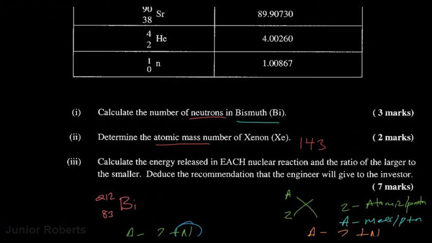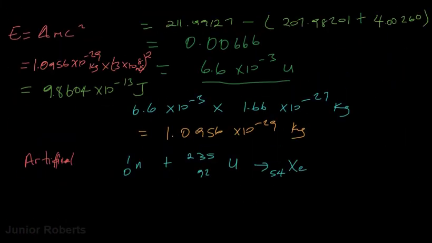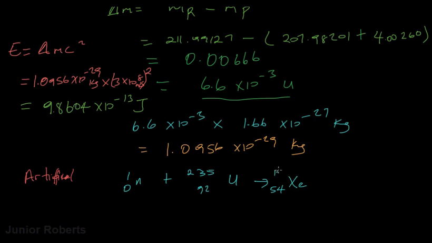Let's just double check, so 143, we get 143, plus strontium, which is 90 and 38, plus 3 neutrons.